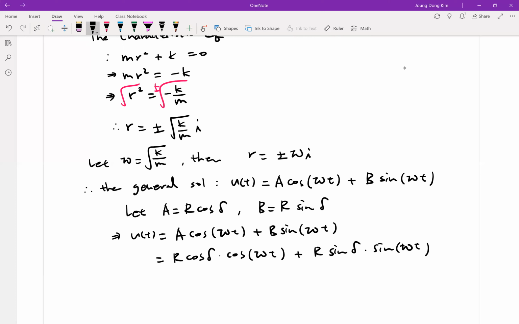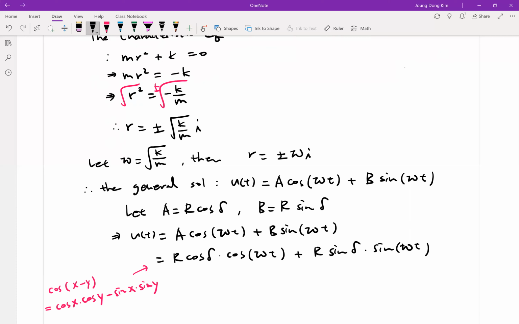Here we can use one important trig function property: cosine of x minus y equals cosine x cosine y plus sine x sine y.